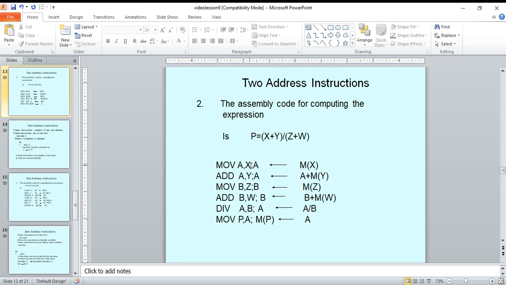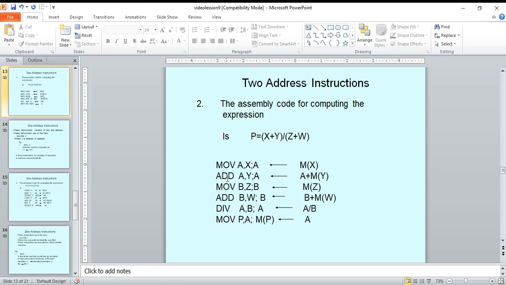Move is nothing but transferring the data from one place to another place, so we can use the instruction MOV. Here X is the memory location, so whatever data is there in memory location X can be moved to the A register.